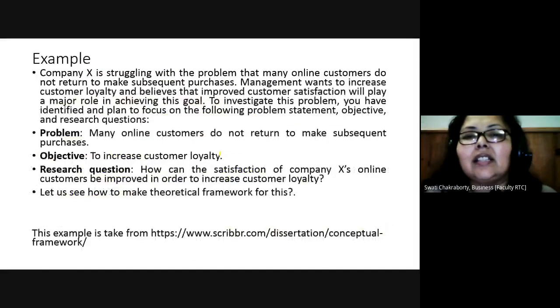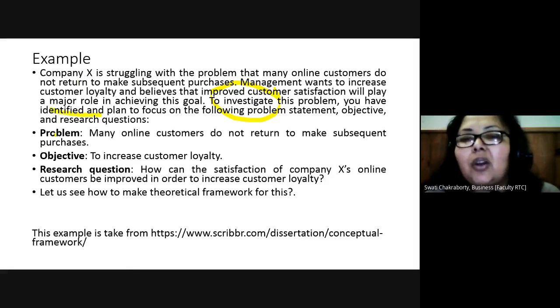So this is an example that we have, right, where company X is struggling with the problem that many online customers do not return to make subsequent purchases. So management wants to increase customer loyalty and believes that improved customer satisfaction will play a major role in achieving this goal. Now, to investigate this problem, you have identified and planned to focus on the following: problem statement, objective, and research questions.